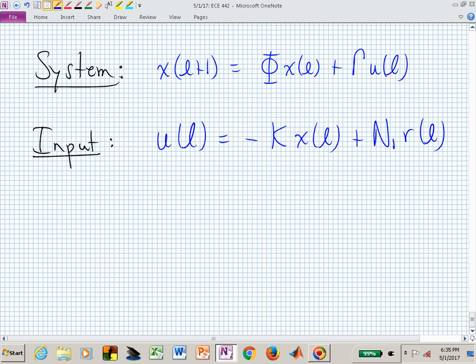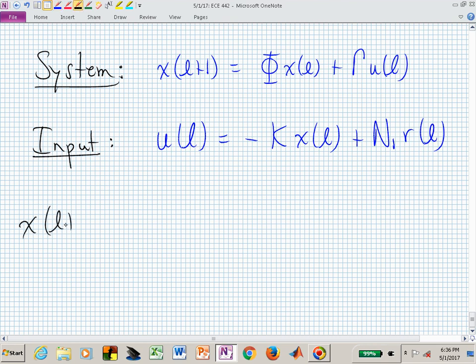We want a DC gain of 0 dB or 1, right? In absolute sense. So we want the transfer function between R and what we haven't shown here, our output y, if it's a 1 by 1, one input, one output, we want that DC gain to be unity. Let's see if we can find what that means as far as how we would select this matrix n sub 1, or this scalar, this 1 by 1 matrix n sub 1, which is a scalar.